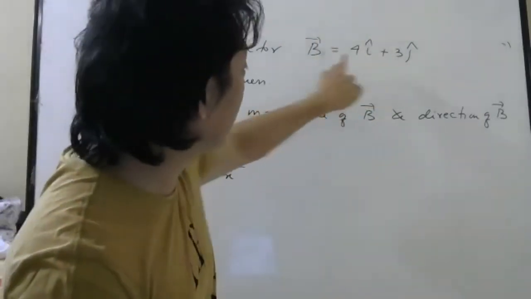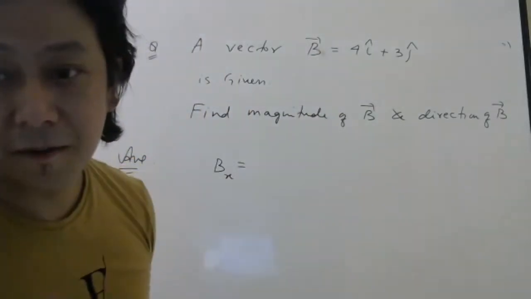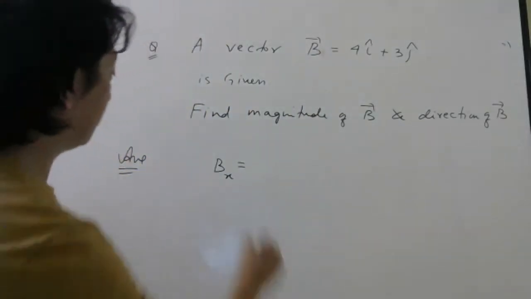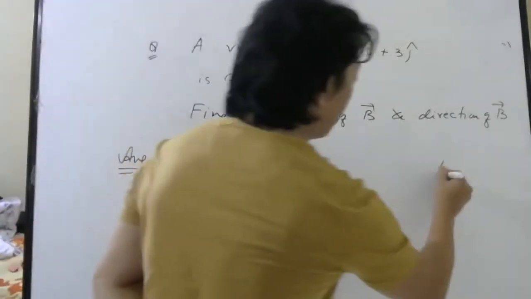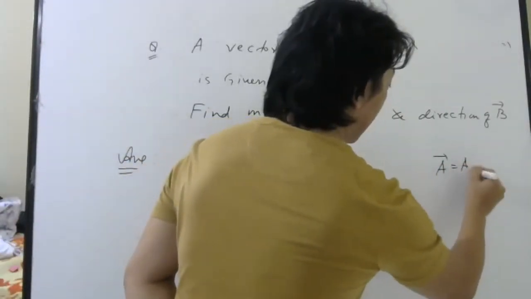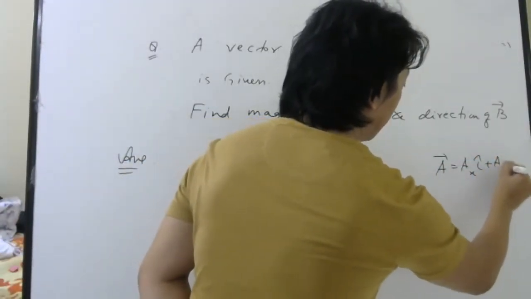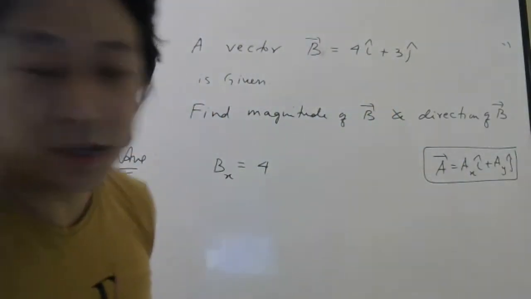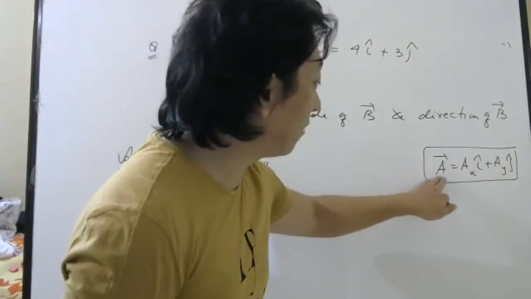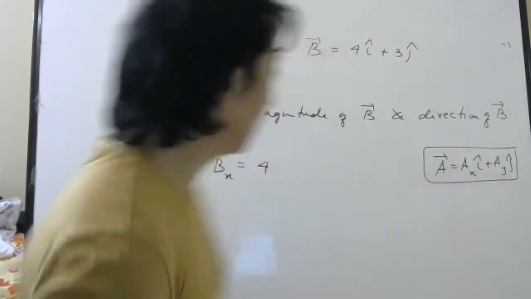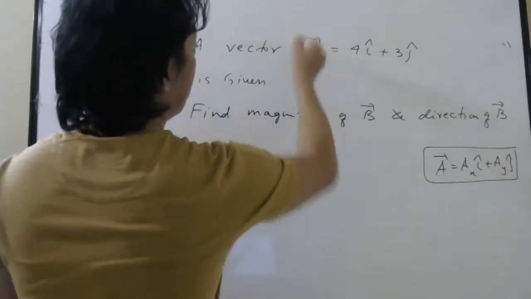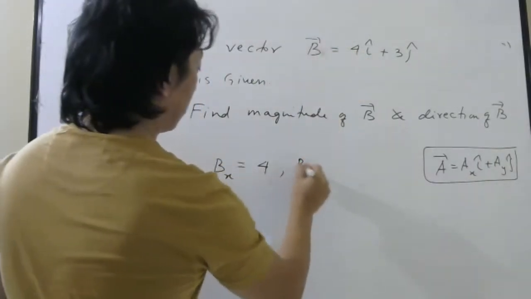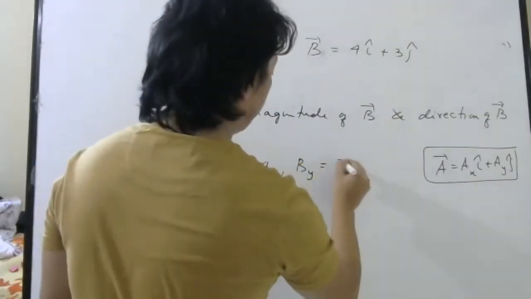First you tell me the x component of this vector. 4. You remember how we write any vector? ax i cap plus ay j cap. This is writing a vector in terms of components. So the x component of this vector is 4 and the y component is 3.